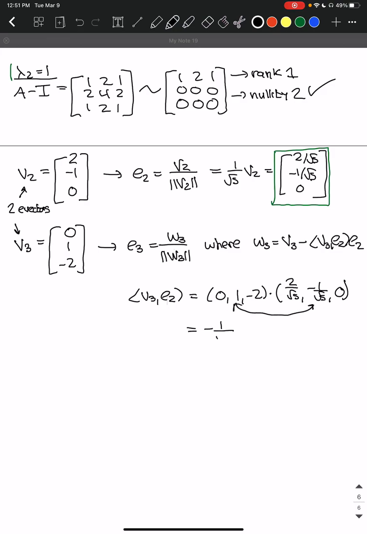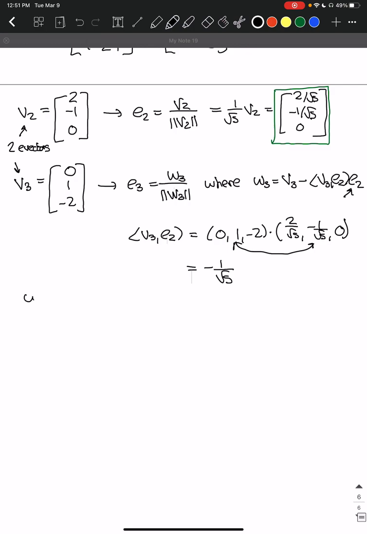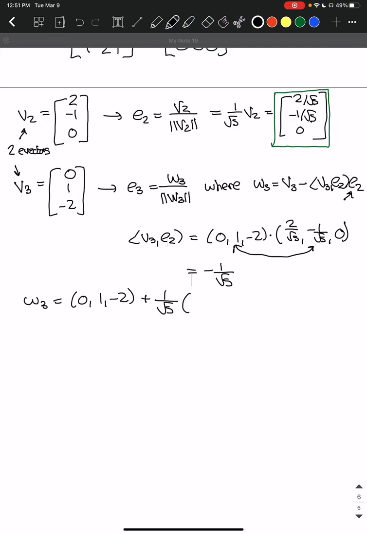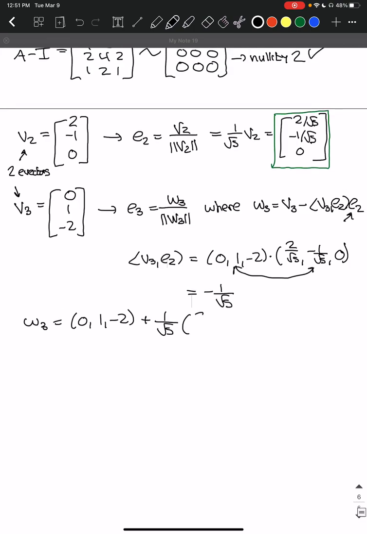So I get minus 1 over root 5, and I'm using that to scale E2. So W3 is equal to V3, 0, 1, minus 2, minus negative 1 over root 5, which gives me plus 1 over root 5 times E2, which is 2 over root 5, minus 1 over root 5, and 0.